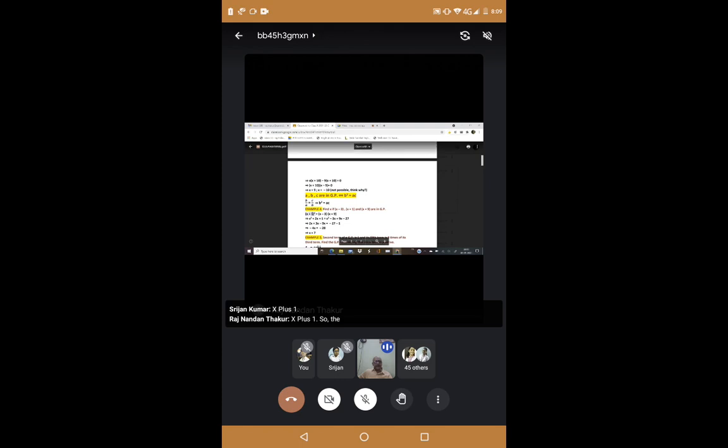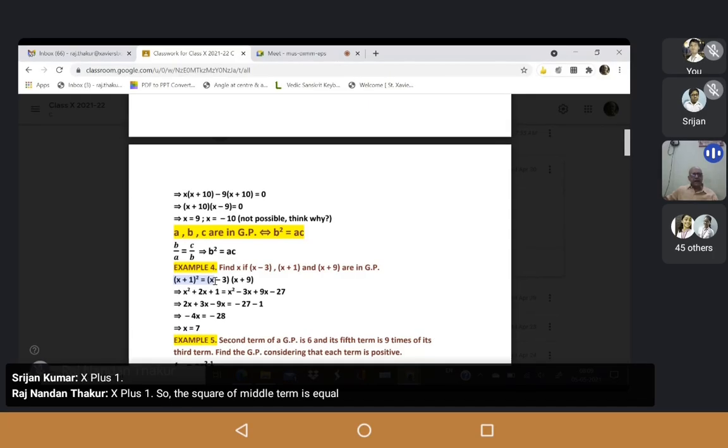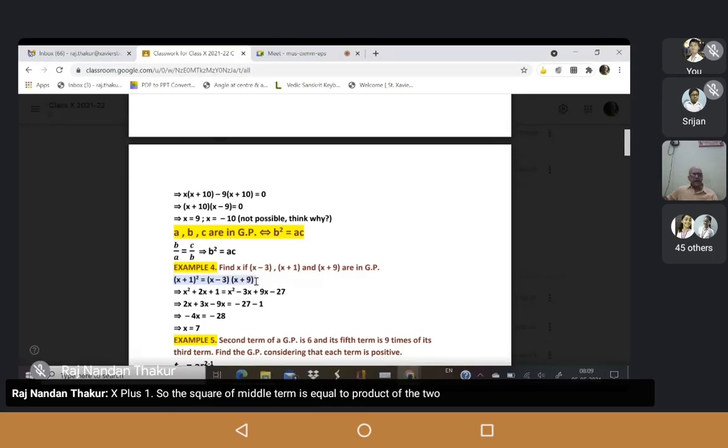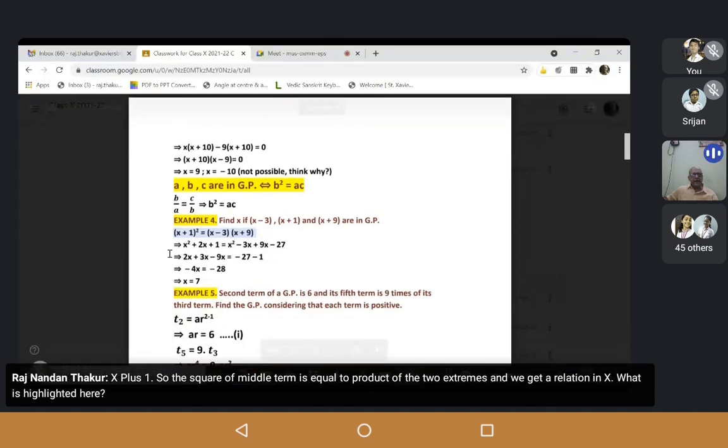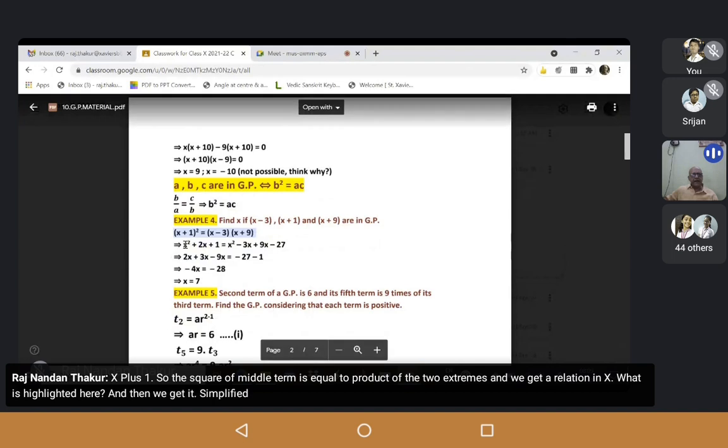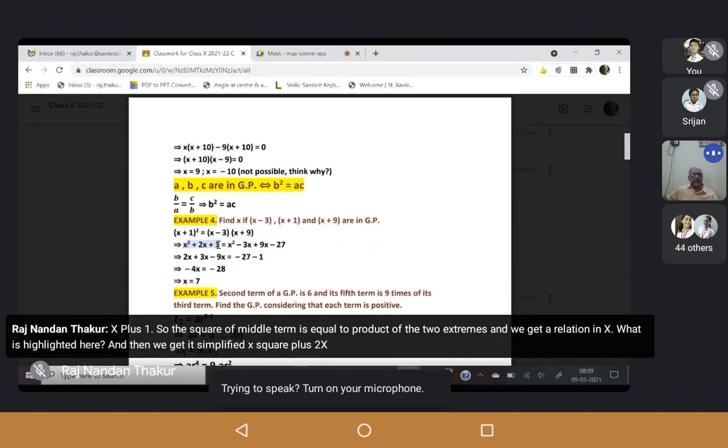So the square of the middle term is equal to the product of the two extremes, and we get a relation in x, what is highlighted here, and then we simplify it. X square plus 2x plus 1 is equal to, we multiply, we get like this.